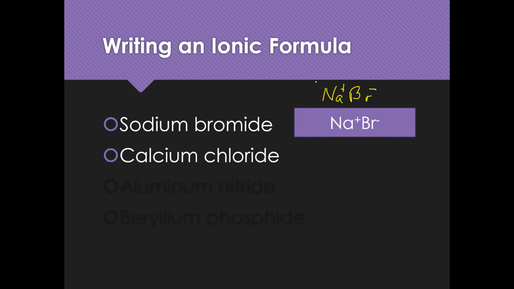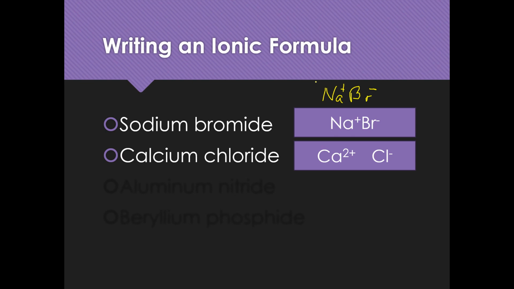Next, calcium chloride. Well, calcium is what? That's Ca. We did that on the previous slide. And its charge is going to be +2 because it's in column 2A. Chloride is right above bromine, element number 17, and it is in the 7A column, so it's got a -1 charge. So we have calcium with +2 and chlorine with a -1.